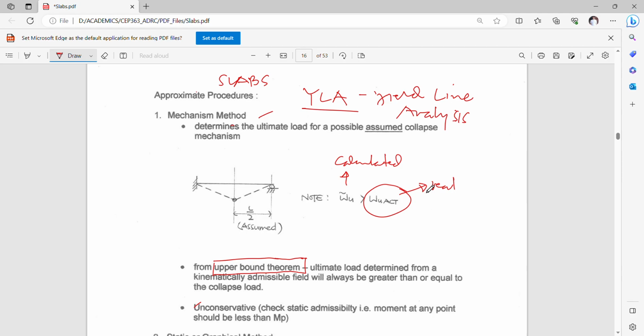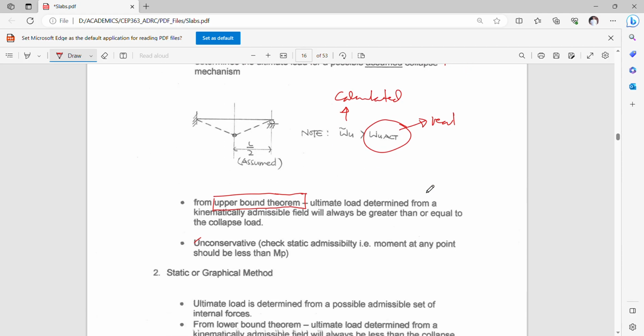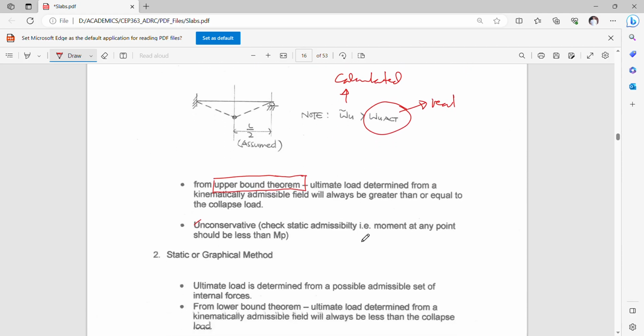So the checking on this is perhaps done by simply noting that the moment at the endpoint is always less than the plastic moment. Okay, so I'll show you the graph on that later.